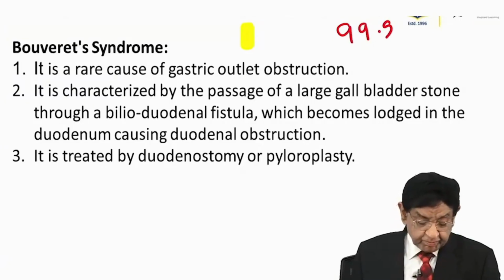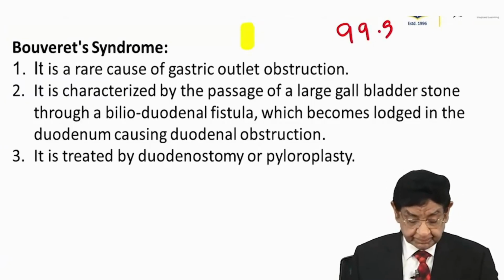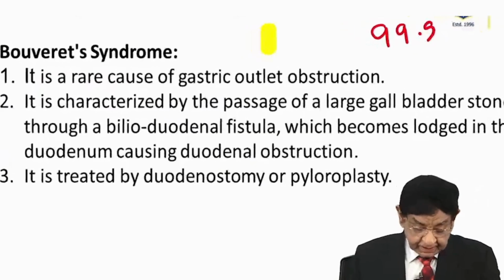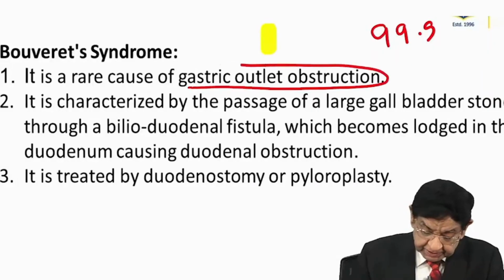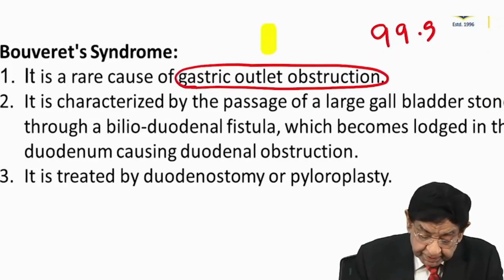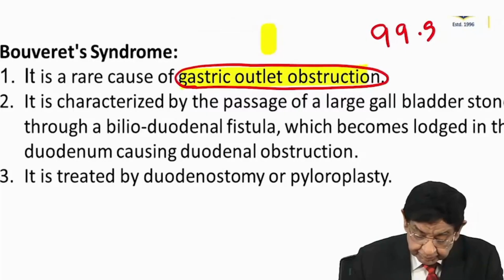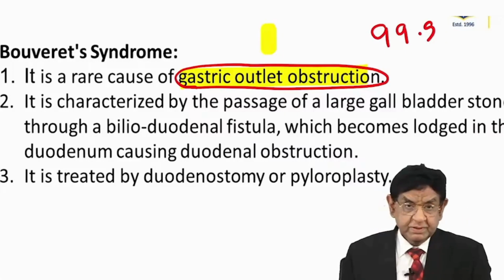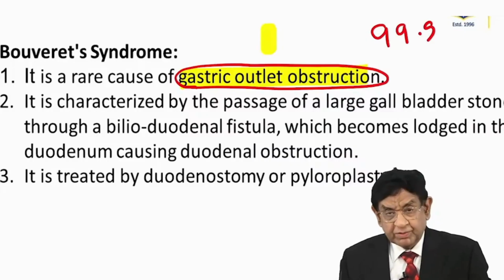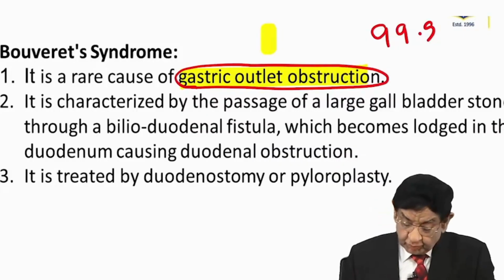One is Bouveret syndrome. It causes gastric outlet obstruction. Keyword to remember. Right? What and how? What happened?